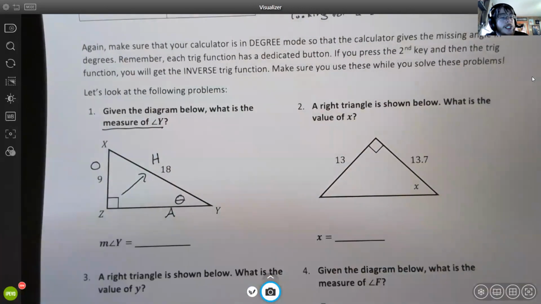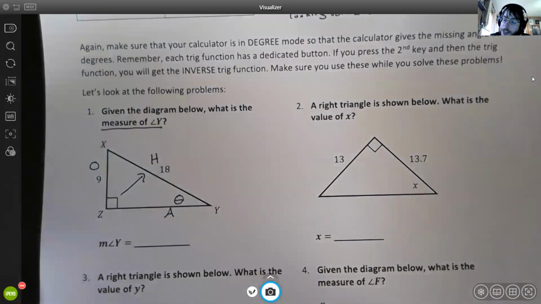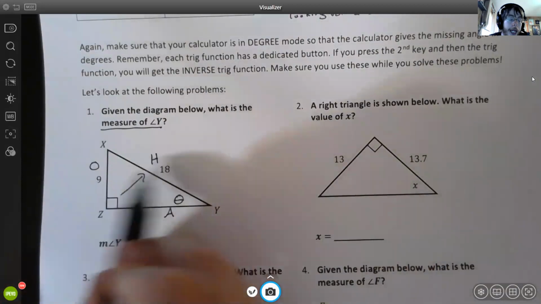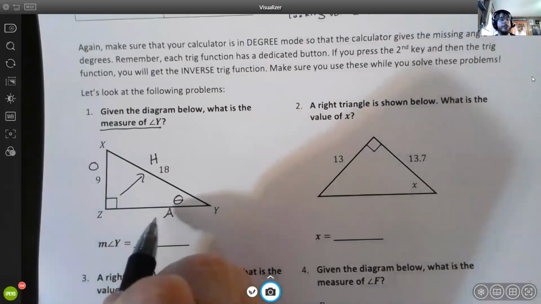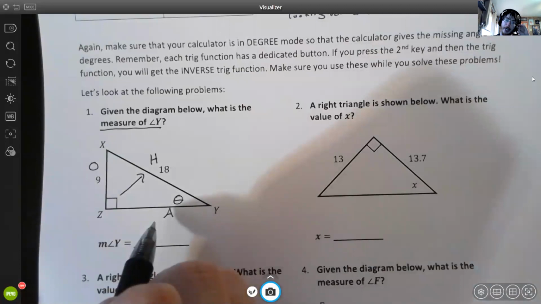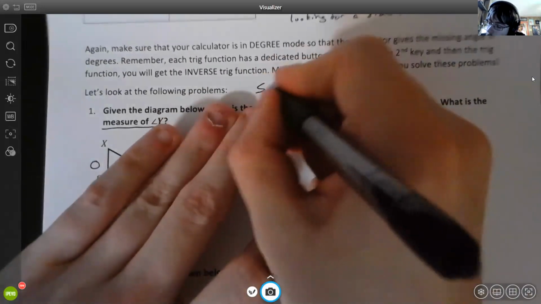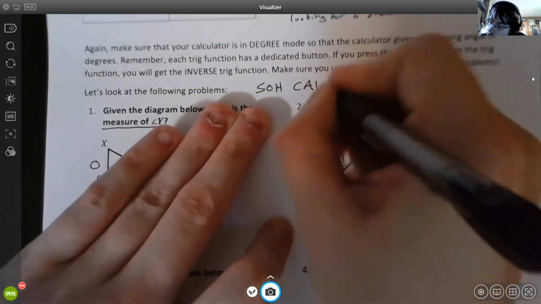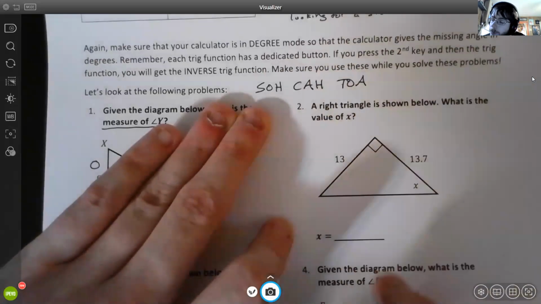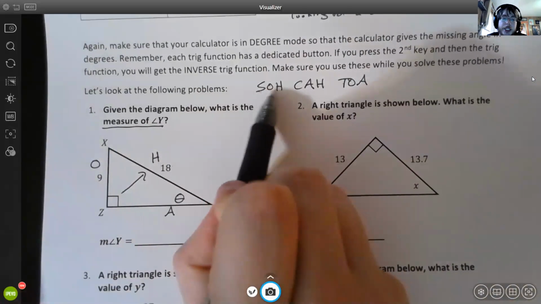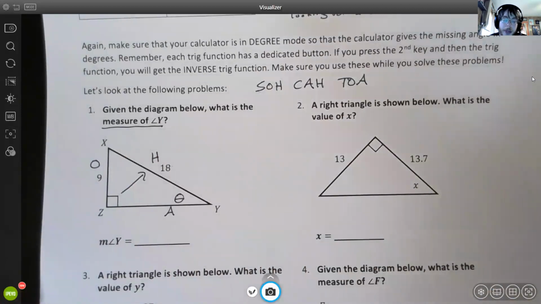Now, we're only interested in these sides that we have, okay? So we have O and H. So we need to use the trig ratio that deals with the opposite and the hypotenuse. And if you remember SOHCAHTOA, SOHCAHTOA tells us that sine is our opposite and our hypotenuse.